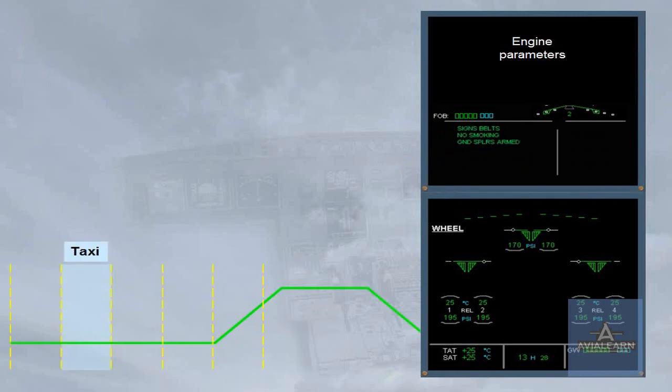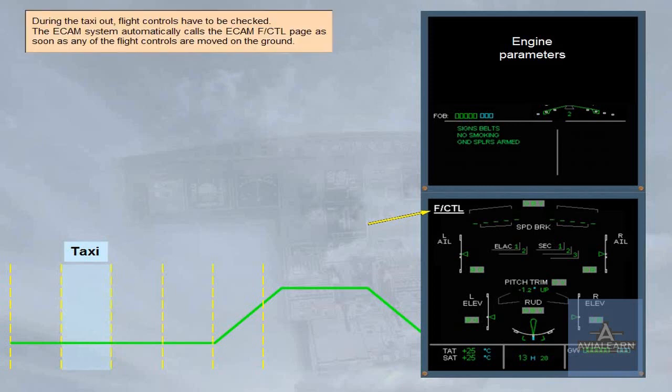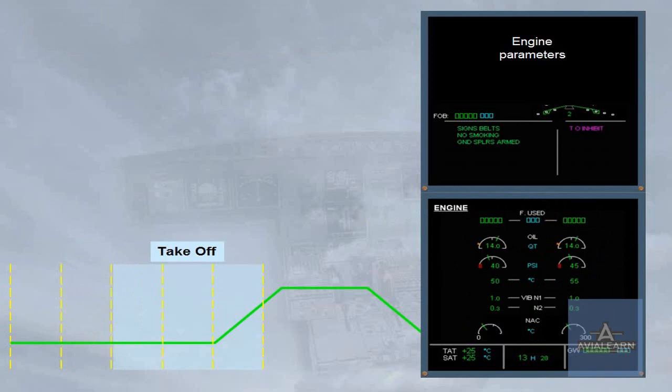During the taxi-out, flight controls have to be checked. The ECAM system automatically calls the ECAM flight control page as soon as any of the flight controls are moved on the ground. Observe that when the engines are set to takeoff thrust, the ECAM engine page is automatically called.